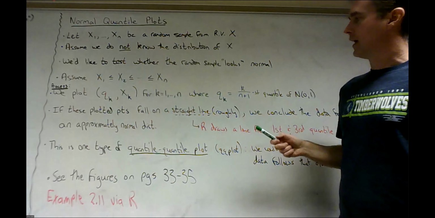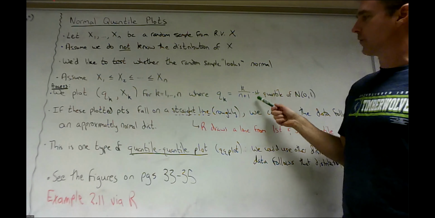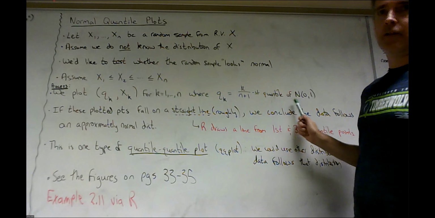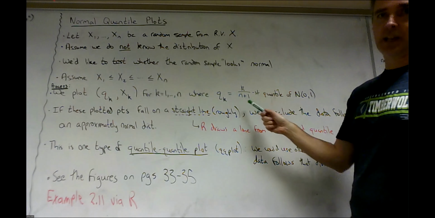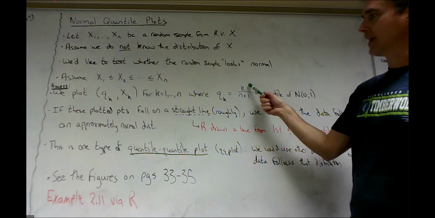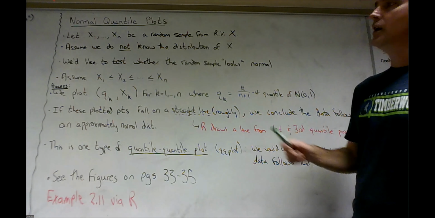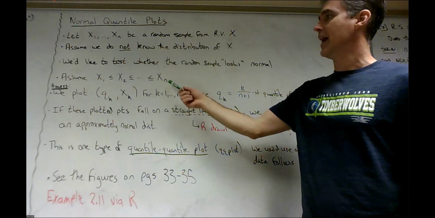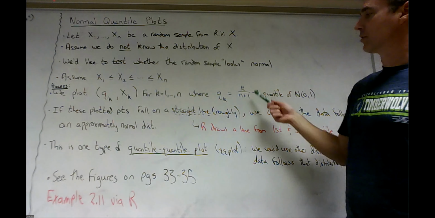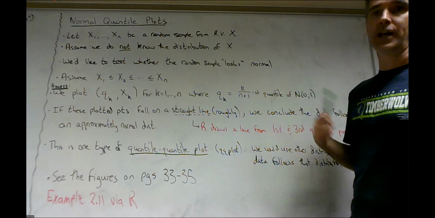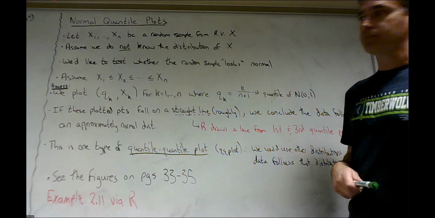And the Q sub k are going to be the k over (n plus 1) quantile of the standard normal distribution. So if n is 9 and k is 3, that would be the 3 over 10, the 0.3 quantile, the 30% mark for N(0,1), okay?